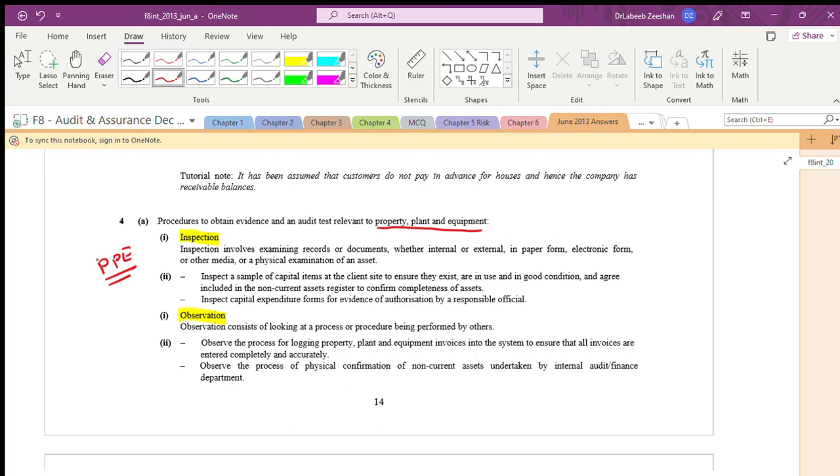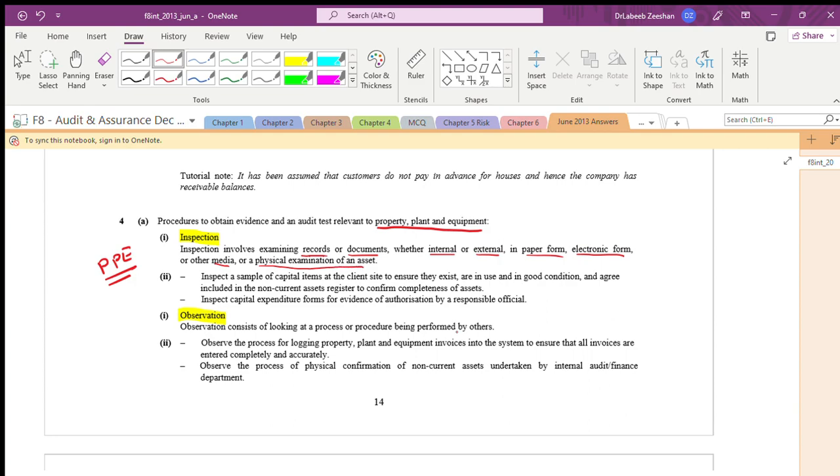Make sure inspection involves examining what you are inspecting. You are inspecting the records and the documents, whether internal or external, whether in paper form, electronic form or media form. You are also inspecting through the physical examination of the asset.